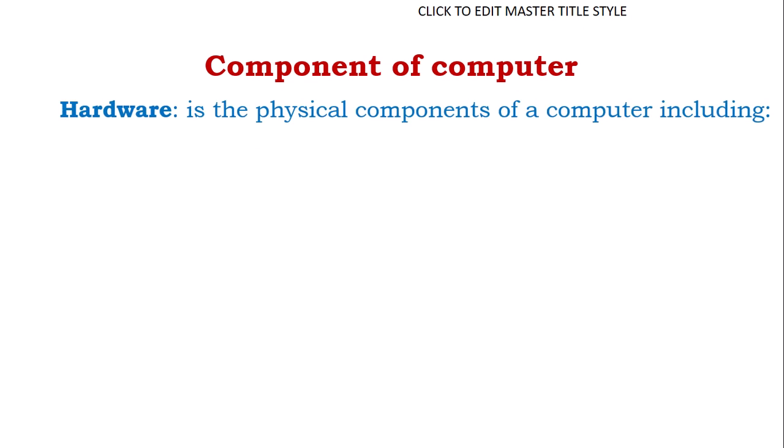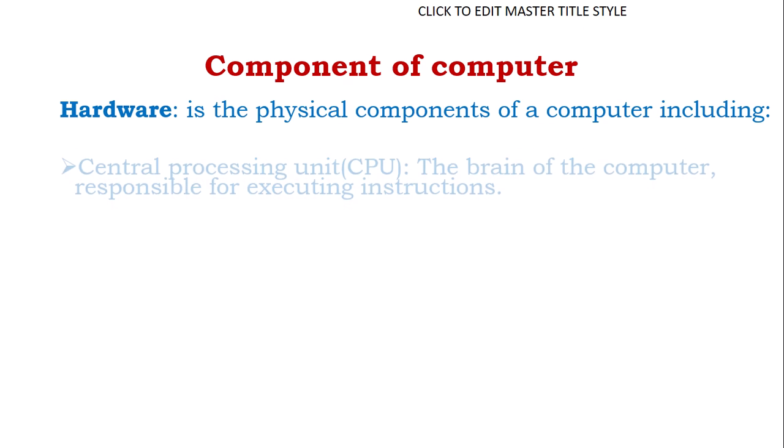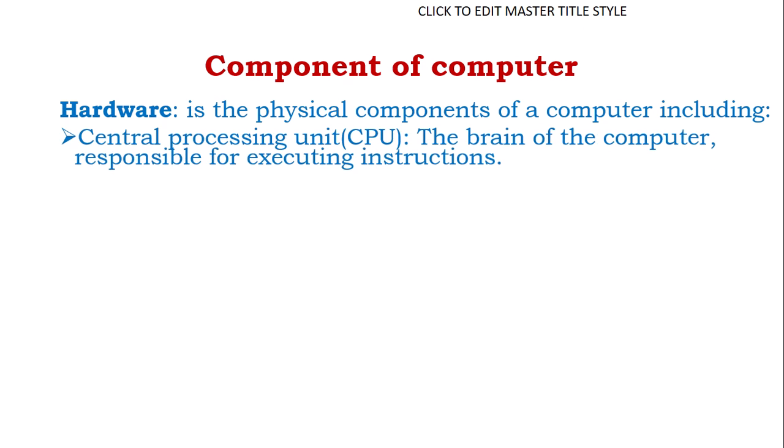What are some of the components of a computer? We have the hardware. Hardware is the physical part, the physical components of a computer. It includes the central processing unit. The central processing unit is the brain of the computer, responsible for executing instructions.